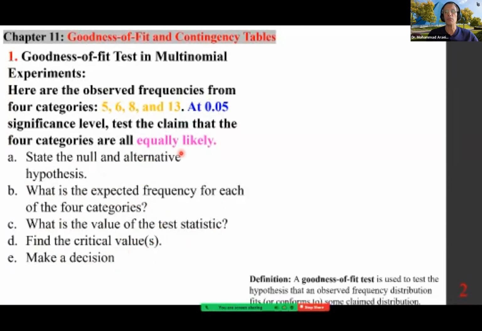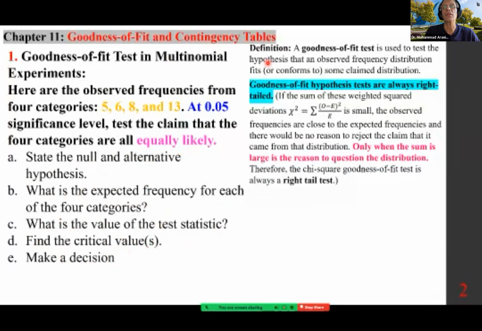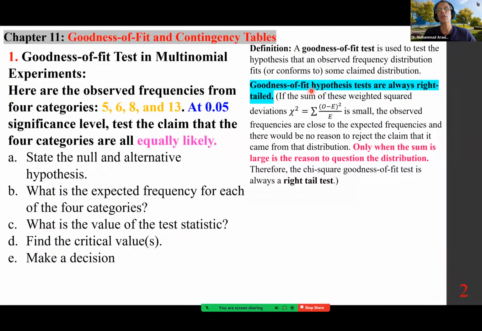So reminding everybody about the definition. A goodness of fit test is used to test the hypothesis that an observed frequency distribution fits or conforms to some claimed distribution. Goodness of fit hypothesis tests are always right-tailed.